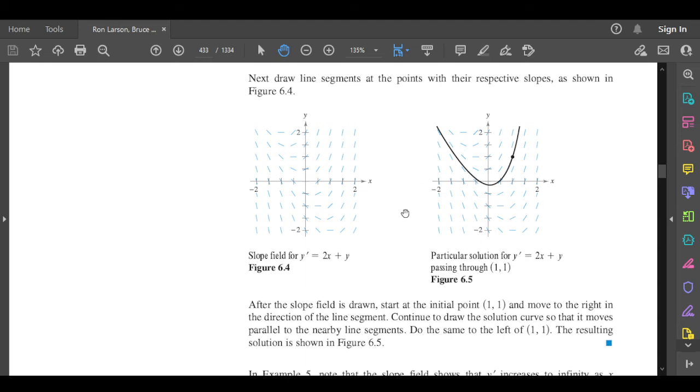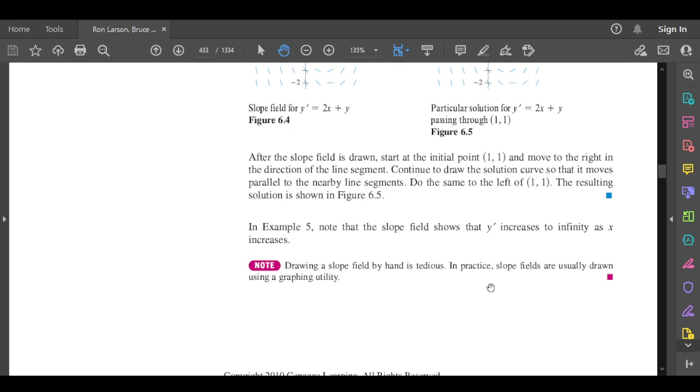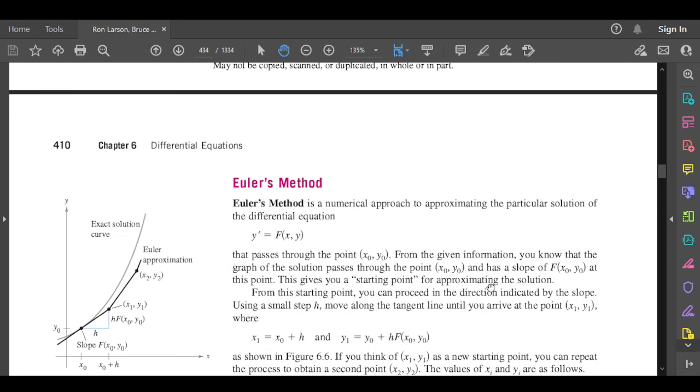So still you have to know how to get this graph, no? Especially this one. You are given the initial condition and what is the particular solution. So this is now the particular solution of the differential equation, and kini mga graph na ma-form ninyo mga particular solutions na siya. Okay.